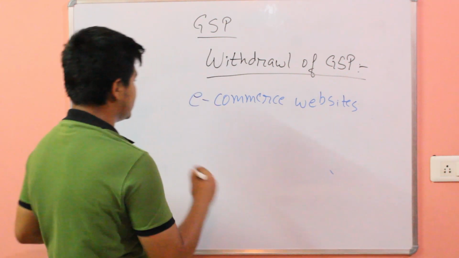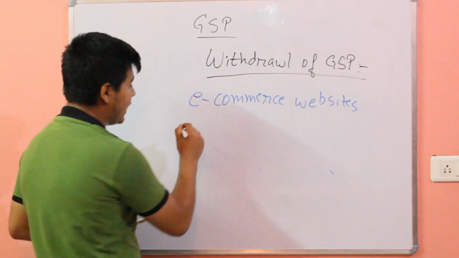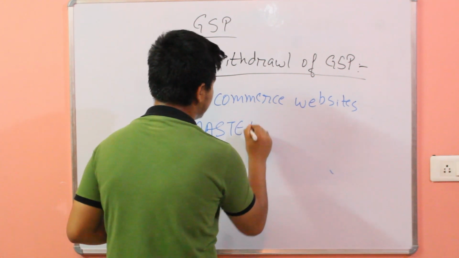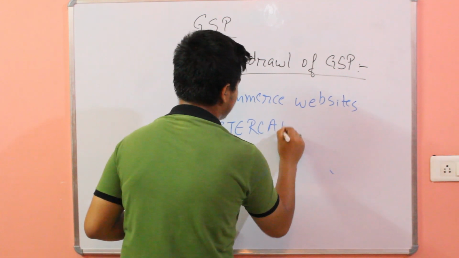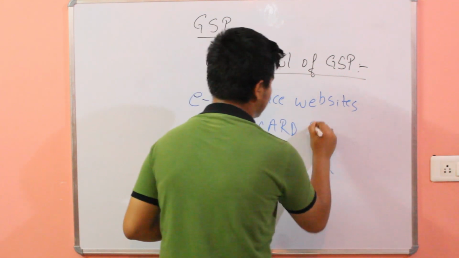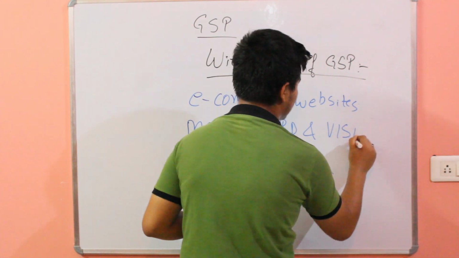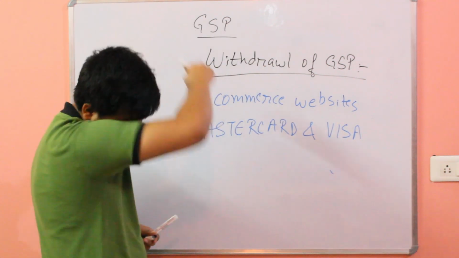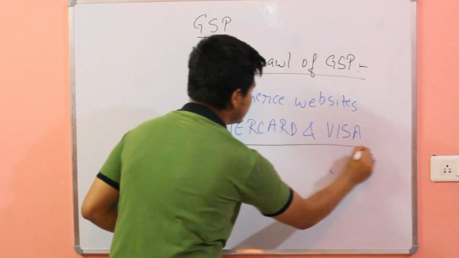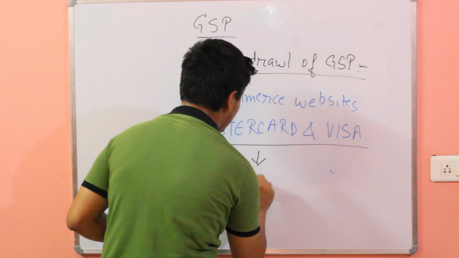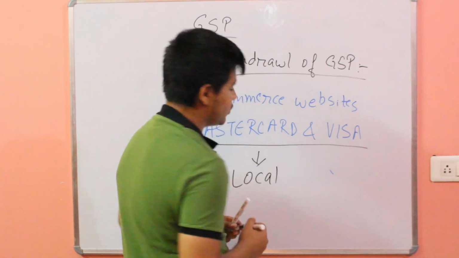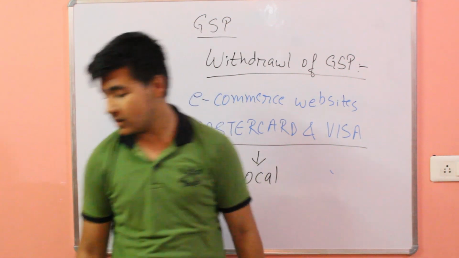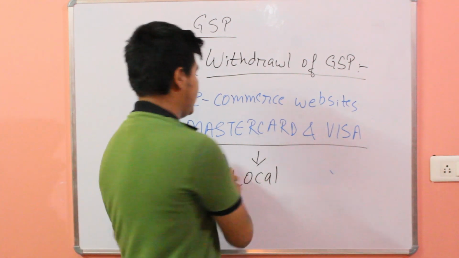Now the fourth reason is relating to MasterCard and Visa. India said that MasterCard and Visa's storages should be made local. So these were the reasons for the withdrawal of GSP from India.